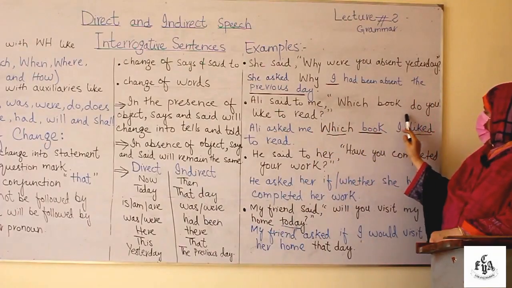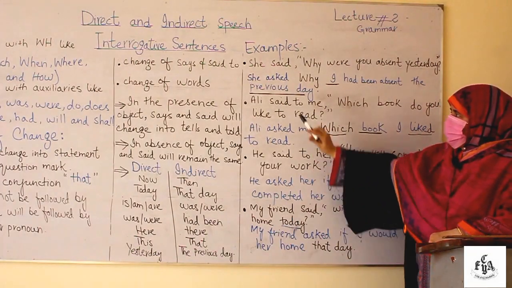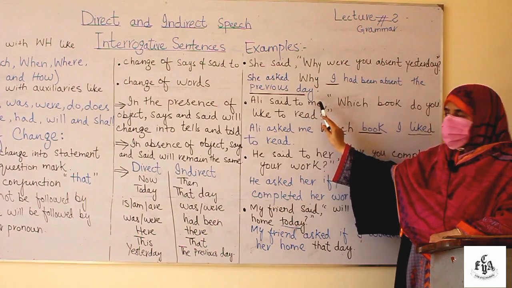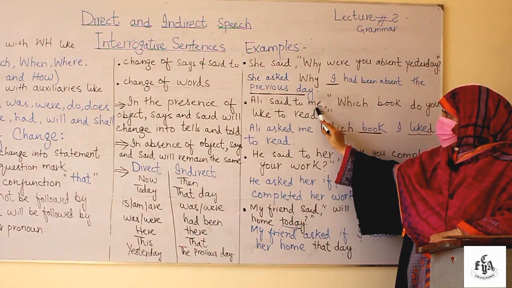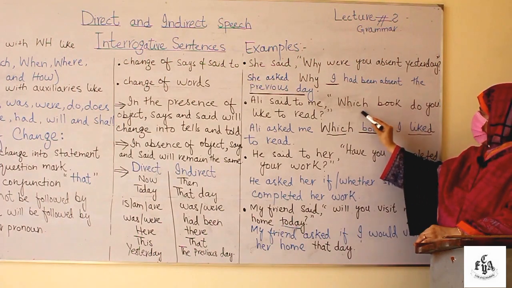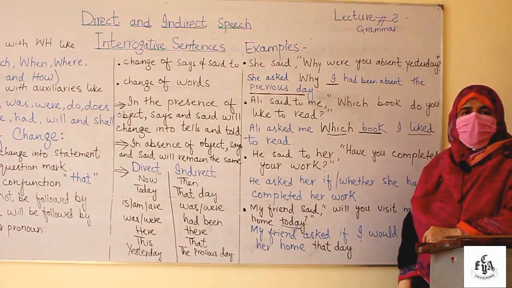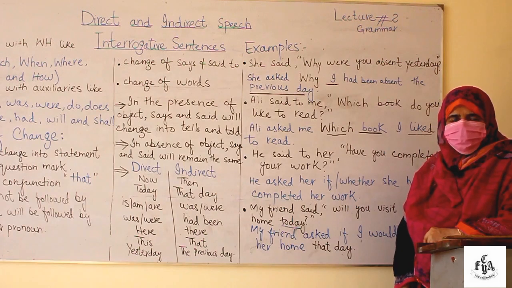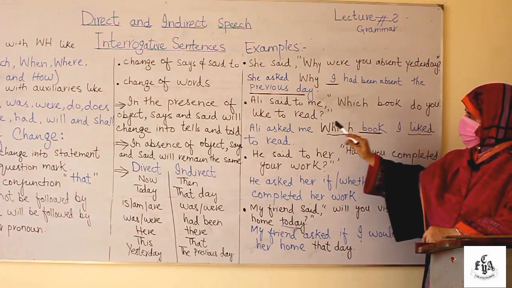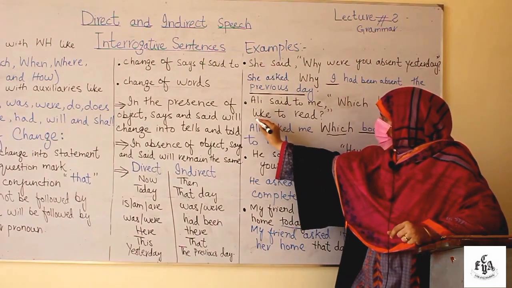Ali said to me, which book do you like to read? Here, in the reporting speech, we are having the object as well, me. First of all, you have to observe in which tense the sentence is. As you know, this is in the present indefinite tense. The main verb here is like.